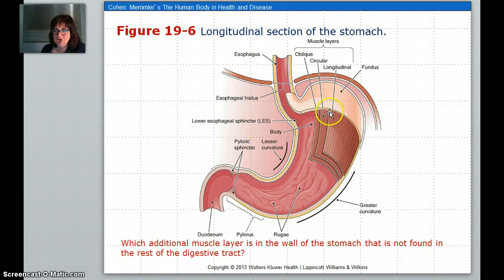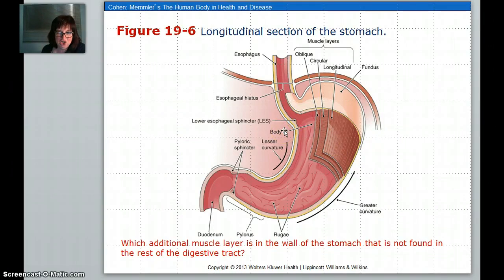Then we get to the stomach. Notice the stomach has 3 layers. We have our longitudinal layer, which contracts up and down, circular layer, which will contract round and round, and then the oblique layer. The oblique layer goes sideways, allowing for greater churning.